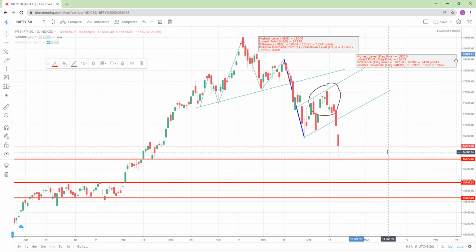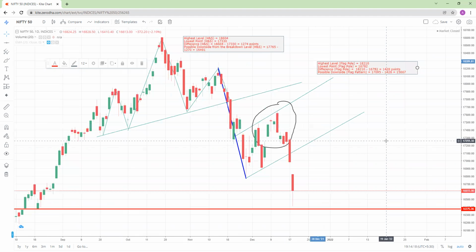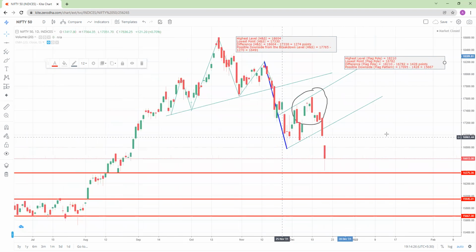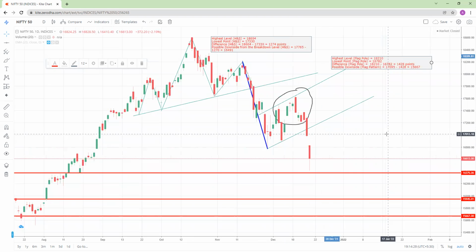So this entire analysis has been done only with the purpose of educating our members on how a possible downside from the highest level to the lowest level can be analyzed on a day-to-day basis, and even after the entire fall has occurred.